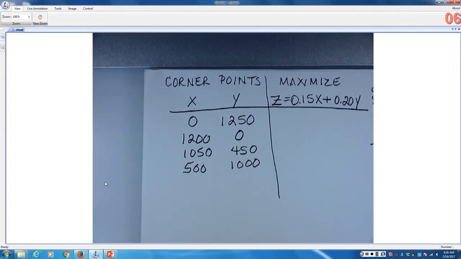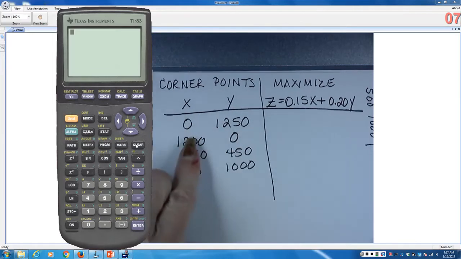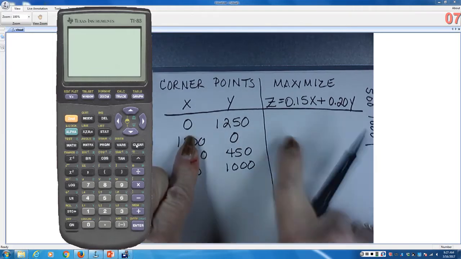So we're going to use the calculator. And we're going to calculate for each of those points what the maximum revenue is going to be by substituting in these values into this function.